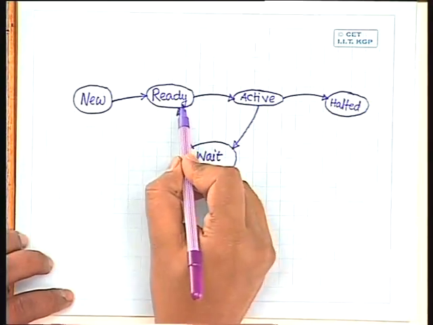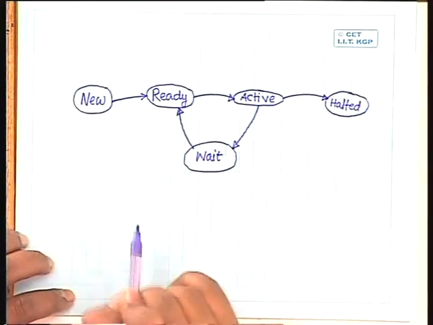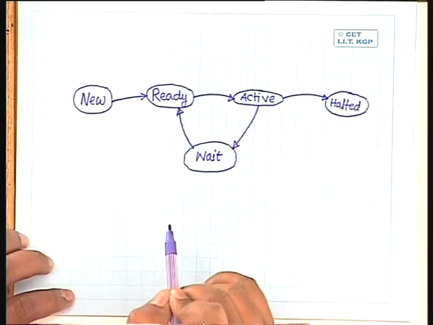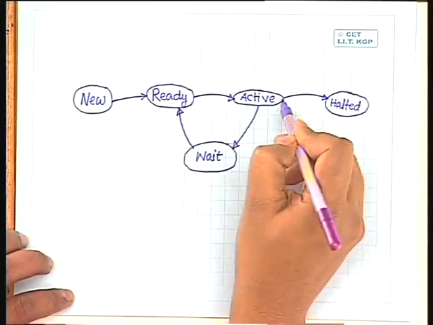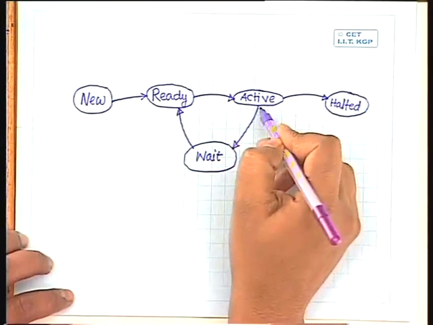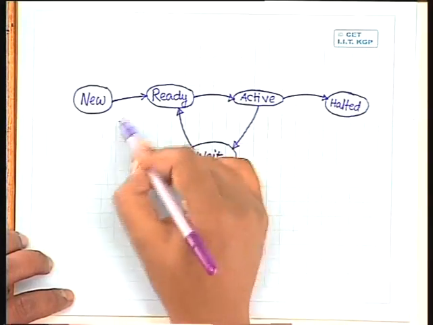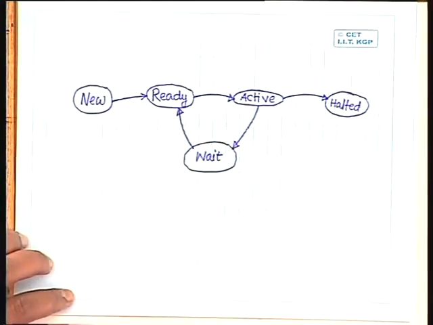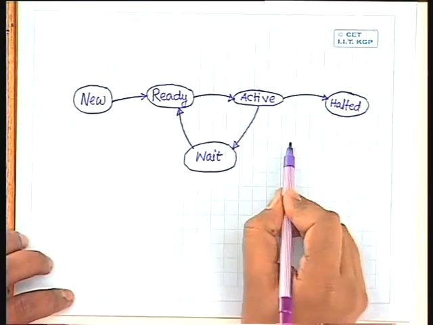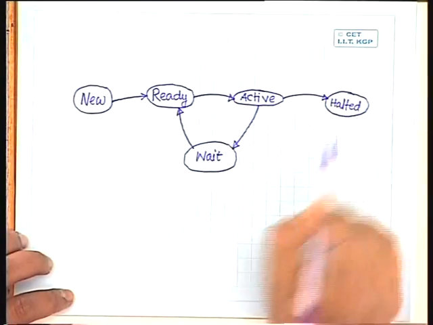So in the ready state, it waits for the CPU to be free next time. Okay, and the process which was being executed earlier can move from active state to wait state. So these are the entire number of states through which a process has to pass before the process is complete or halted.